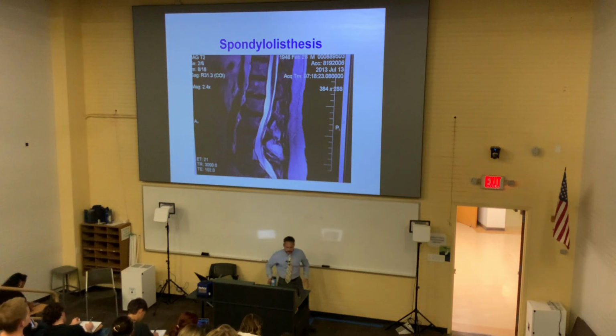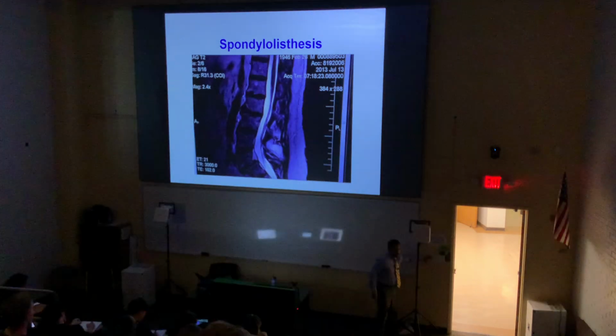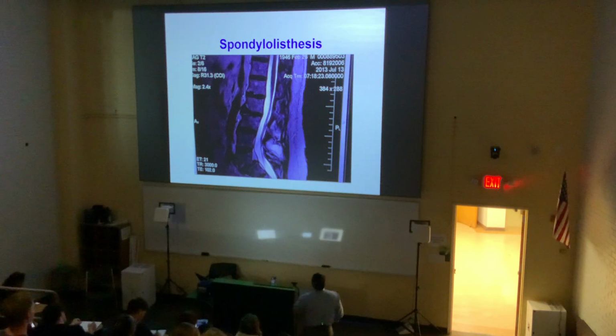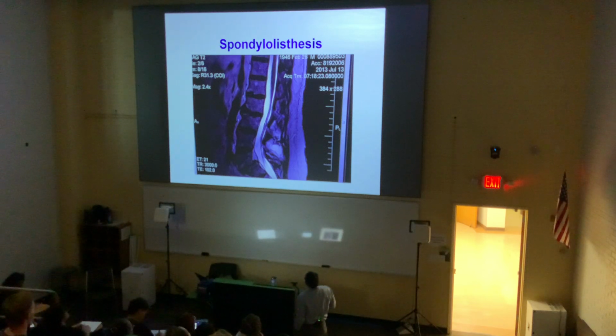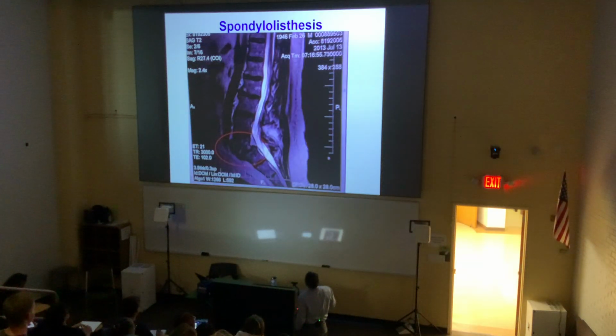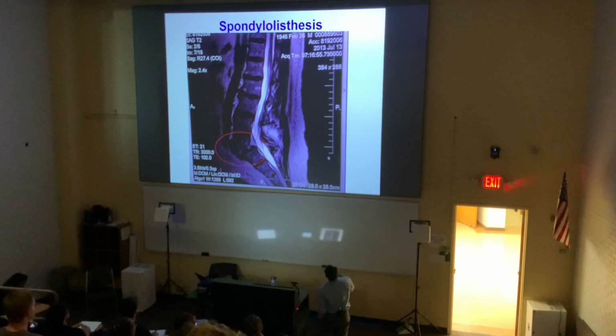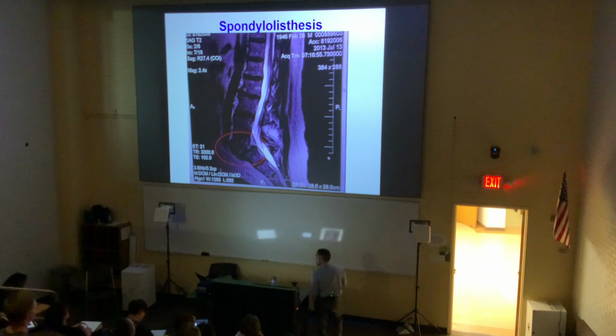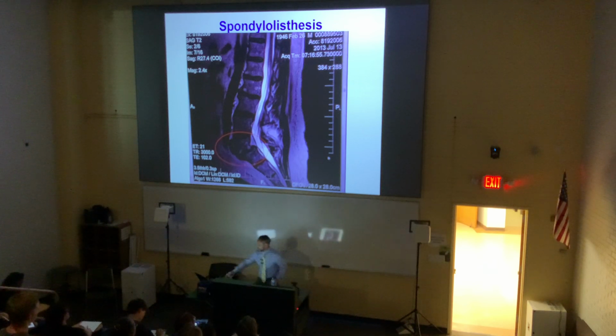So here's an image of a patient. And I want you to kind of orient yourself. So where we are right now, this patient was born in 46, right? So 8 years of age.